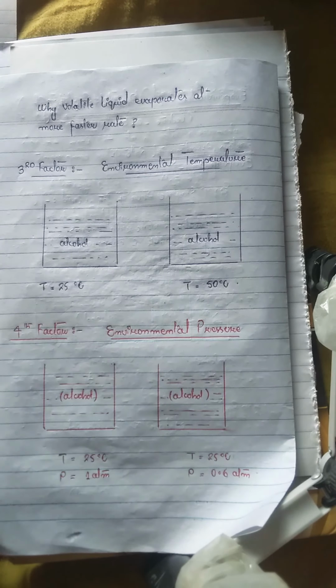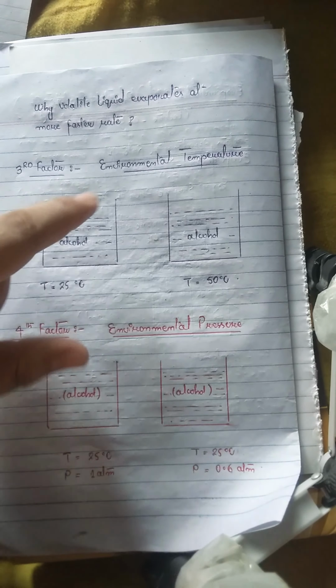We already discussed that volatile liquids have weak intermolecular forces. That's why they can easily evaporate. They require less energy for evaporation. Hence, they evaporate more rapidly as compared to the non-volatile liquids. The reason for the volatility of a volatile liquid is the weak intermolecular forces. Now let's move towards the third factor.